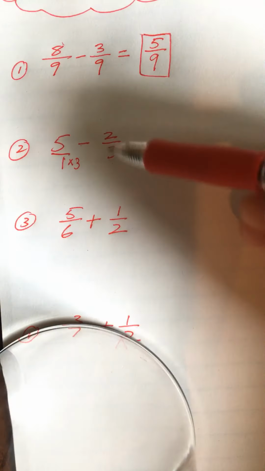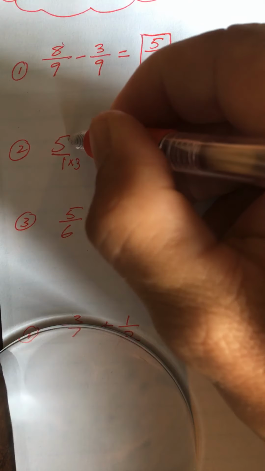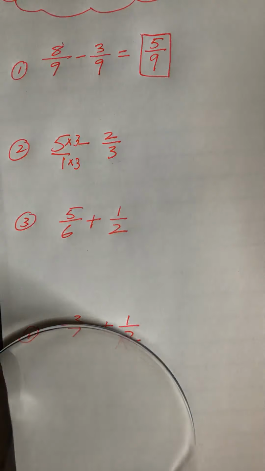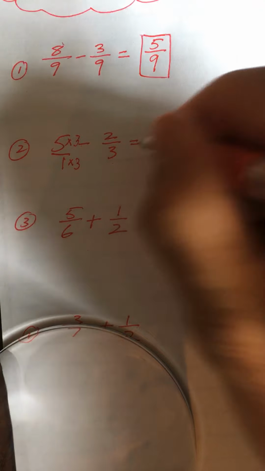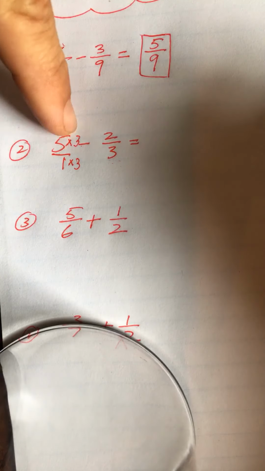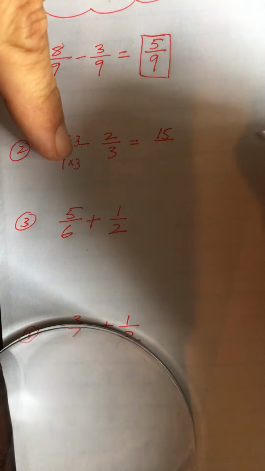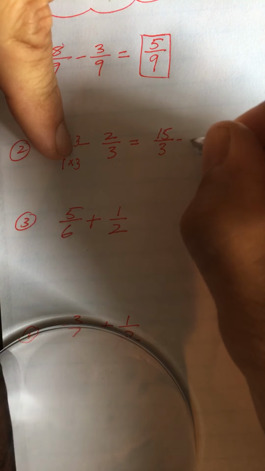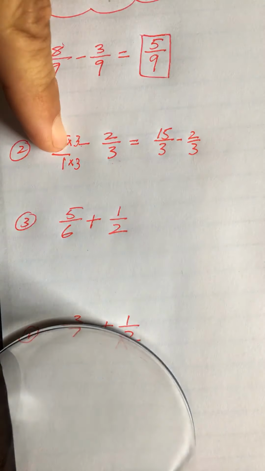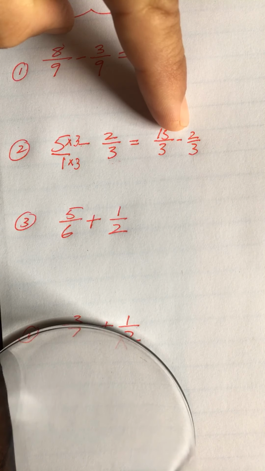And whatever you multiply the bottom by, you have to multiply the top by. So 5 times 3 is 15, 1 times 3 is 3, and 2/3 remains 2/3.